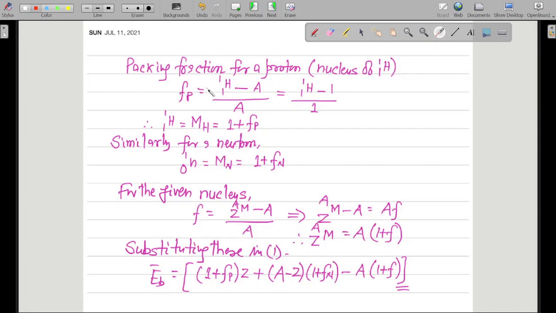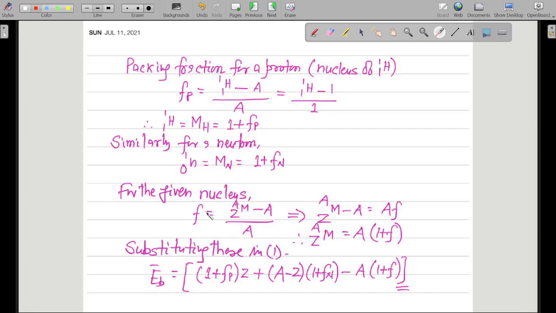So instead of writing P as the suffix over here, we are writing a hydrogen symbol, because the nucleus of hydrogen atom is the same as that of proton. That's why.